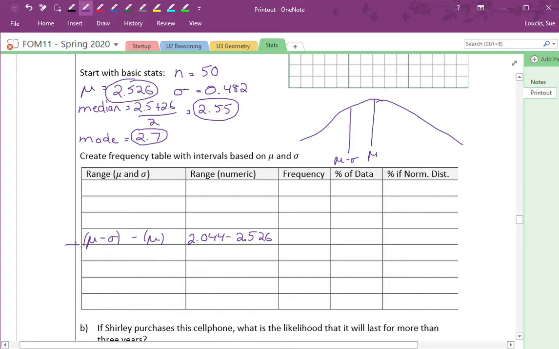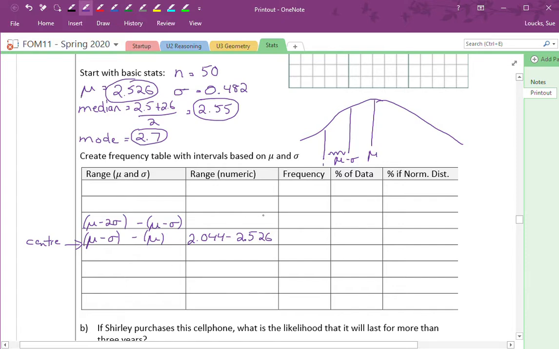And then the next one, we're moving backwards in our graph. So this line here is going to be the center of the graph, right? And we're moving to the left. So this one is going to end at our mean minus 1 standard deviation, and it's going to go all the way to our mean minus 2 standard deviations. So that's going to be this chunk here, from the mean minus 2 standard deviations to the mean minus 1 standard deviation.